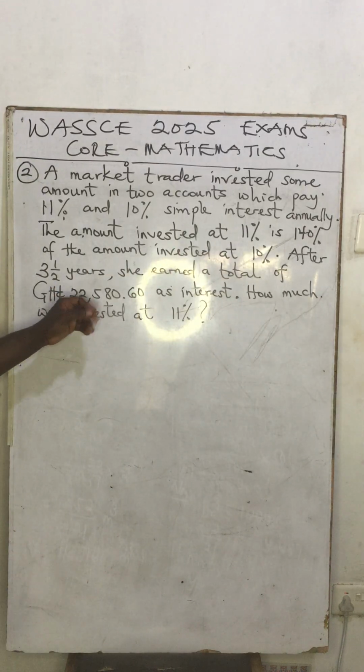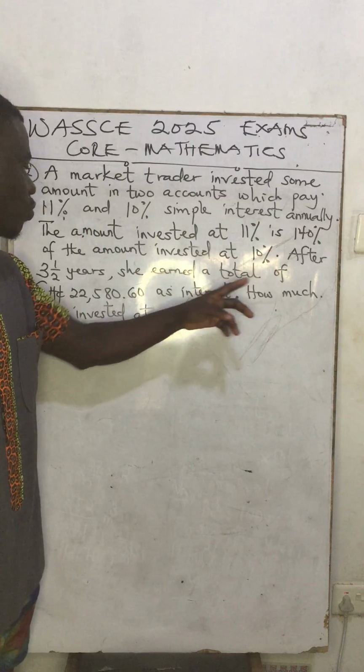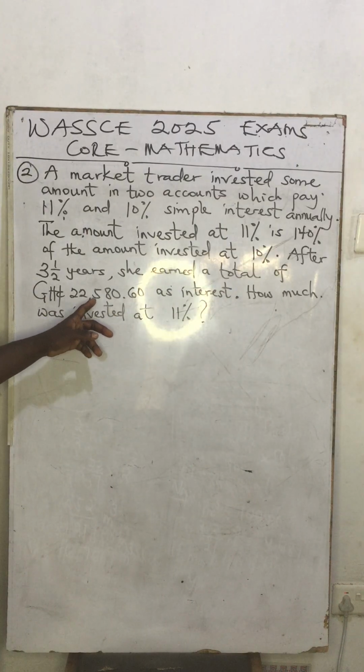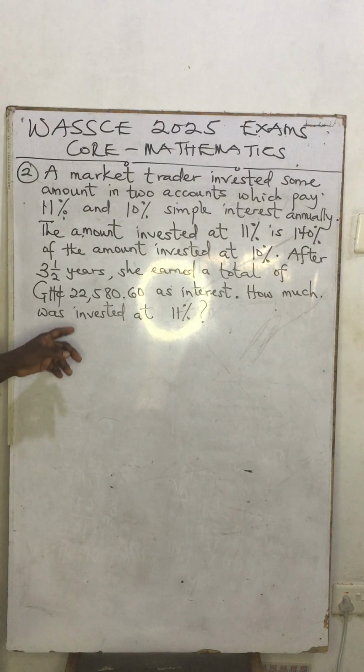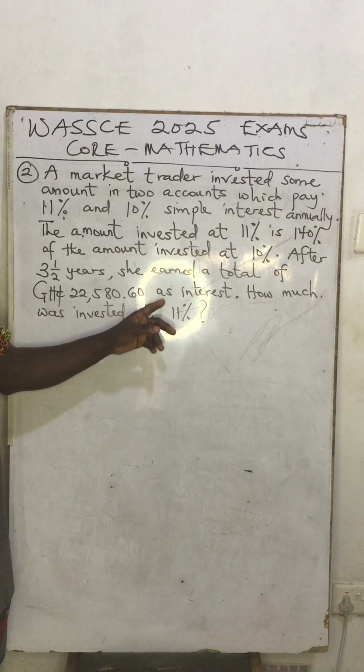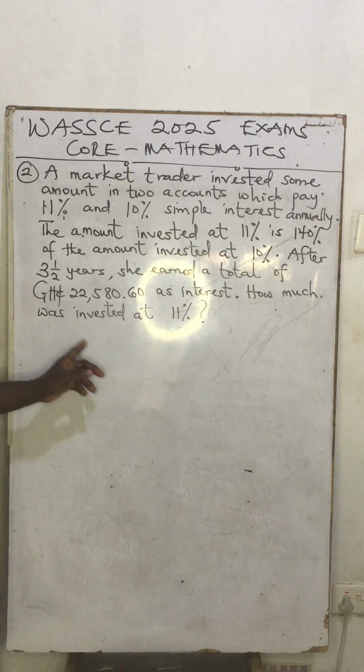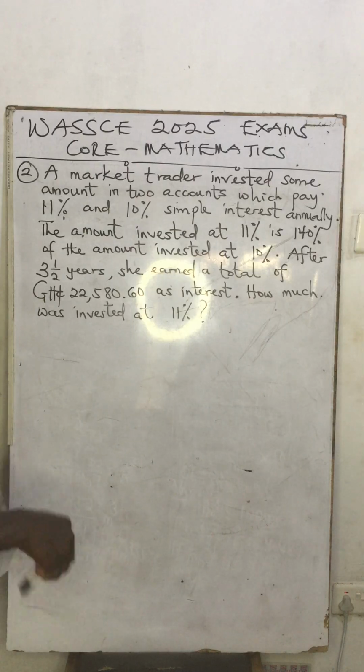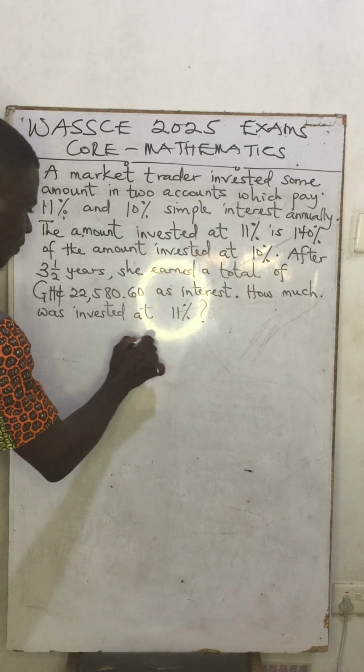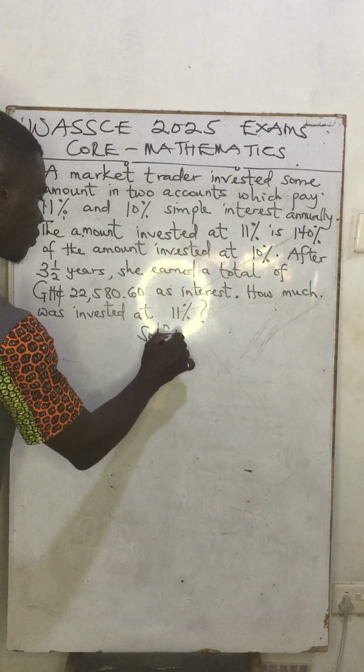After 3.5 years, she earned a total of 22,580 Ghana cedis 60 pesewas as interest. How much was invested at 11%? So let's see. Solution.